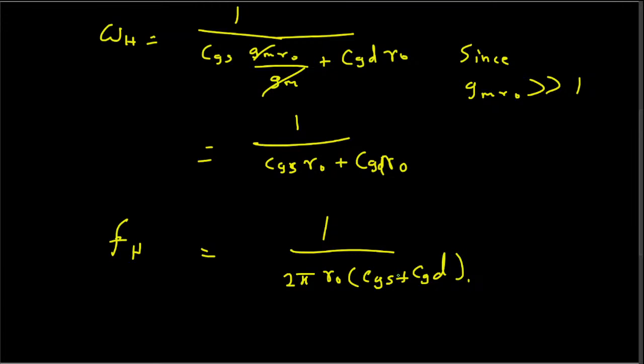There's another thing we have to know, that there's also a frequency fT that is expressed as gm over 2 pi times cgs plus cgd.